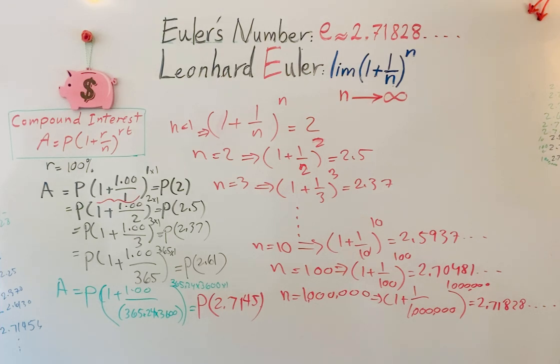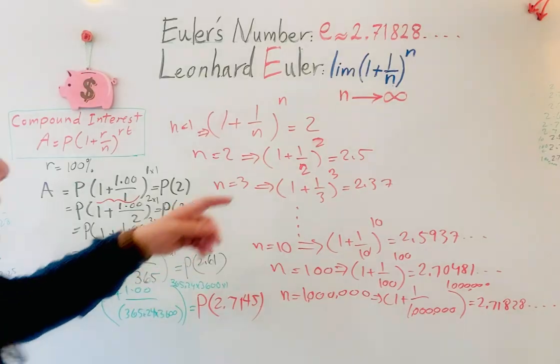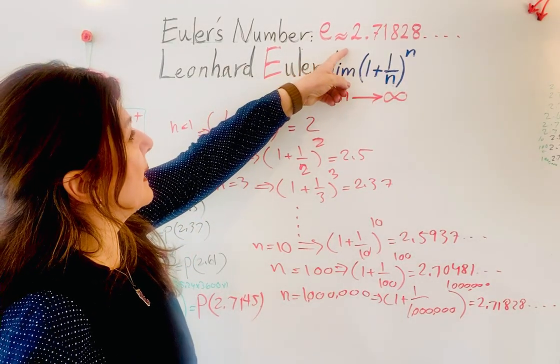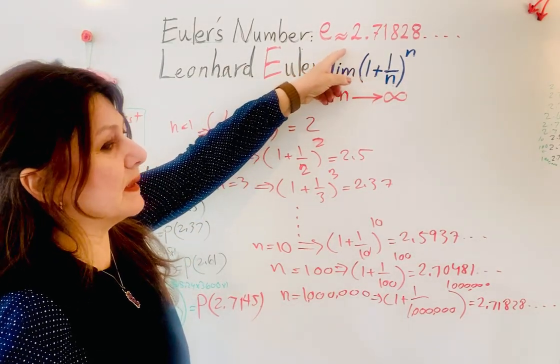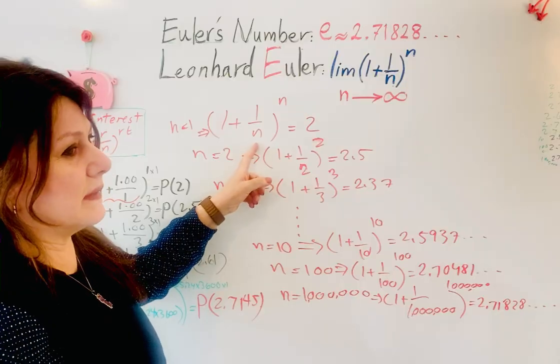This is the secret behind everything. This is very important because when you study any exponential function, exponential growth and exponential decay, you face this number.